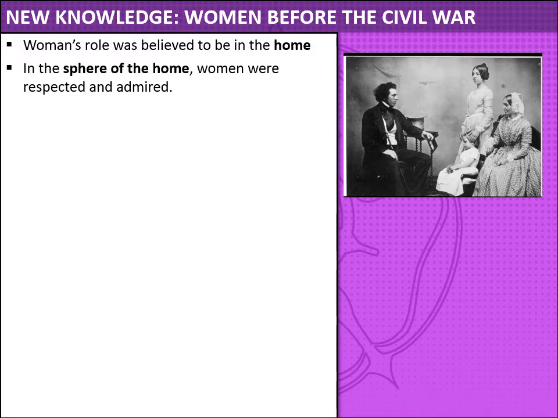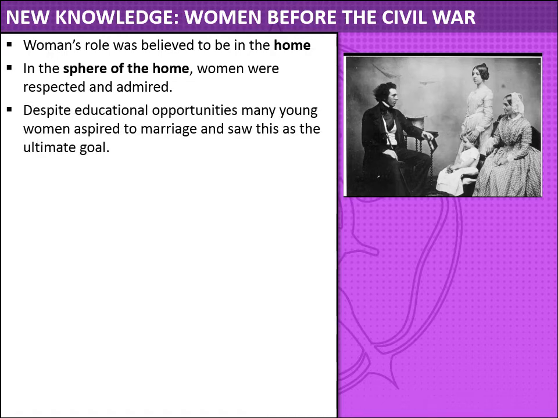And you may have come across that if you've studied sociology or any kind of social science or social subject. Now, in the sphere of the home, women were actually respected and admired. So it wasn't seen as an unskilled role or even seen as a submissive role. It was really highly respected.